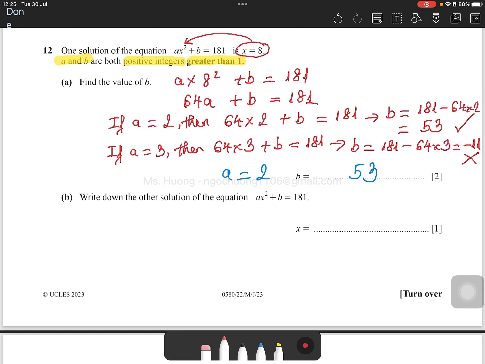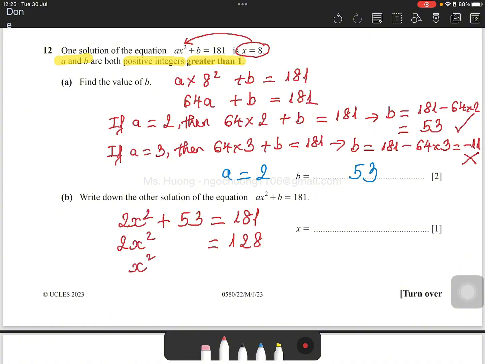B. Write down the other solution of the equation ax squared plus b equals 181. You know that your a is 2, so we have 2x squared plus your b, 53, equals 181. I will subtract 53 from both sides. So 181 minus 53 equals 128.